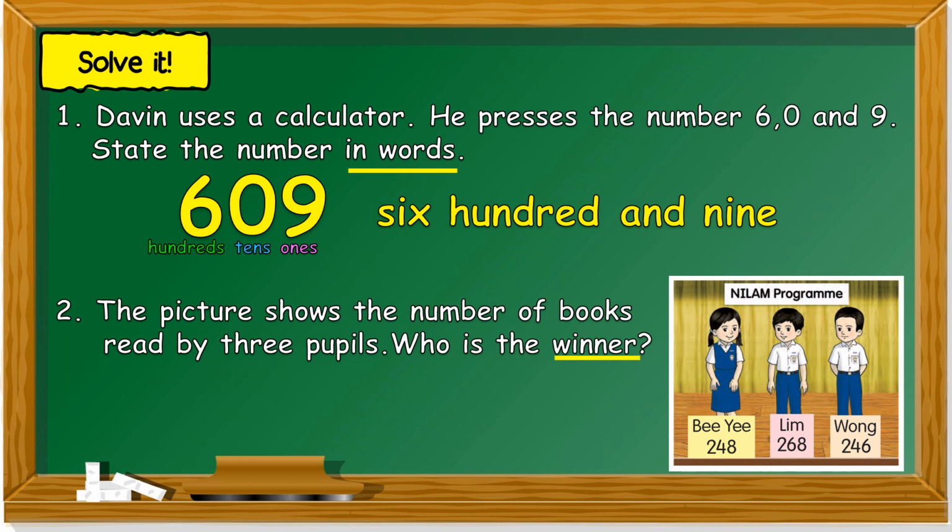When we look at the winner, ialah pemenang. Pemenang biasanya paling banyak. So, which number is the biggest? The hundreds are all twos, but the tens, who has the bigger tens? Lim. Lim is the winner.